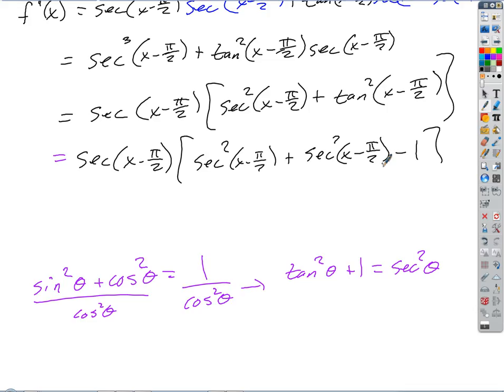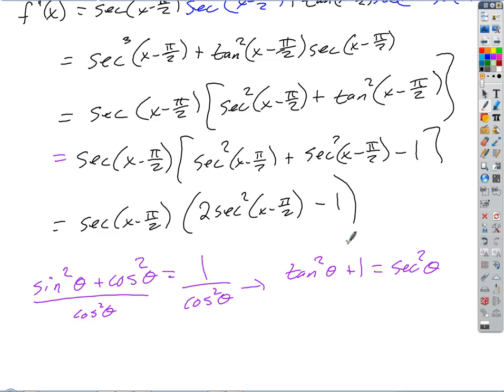We could combine like terms here though, right? Agreed? Okay, and so we end up getting secant of x minus pi halves times 2 secant squared minus 1. Now I know that looks terrible.